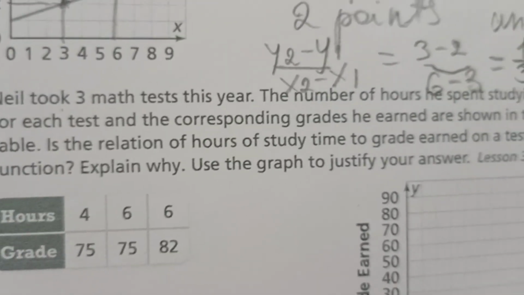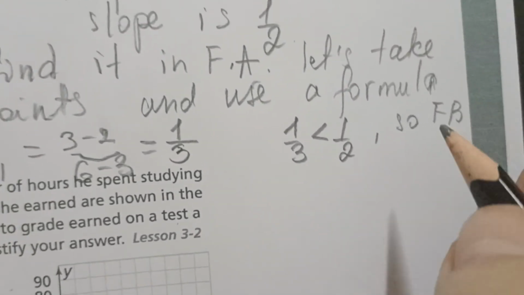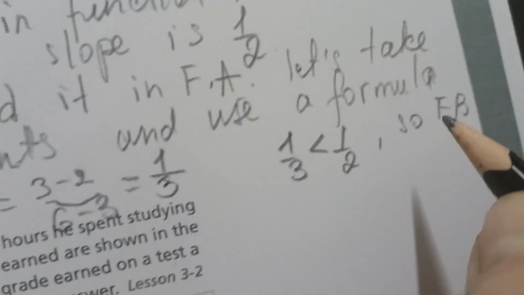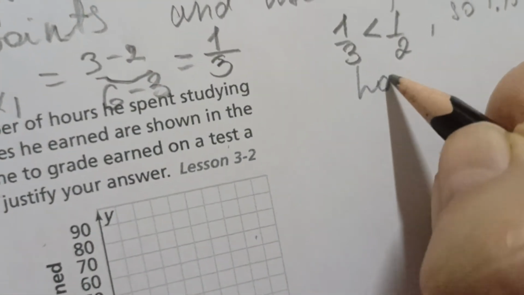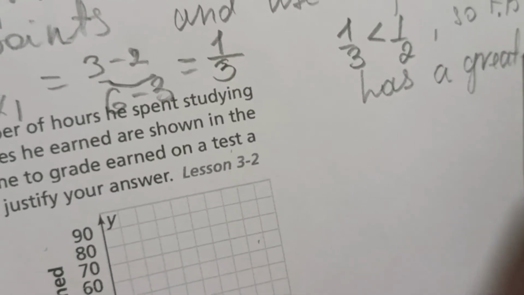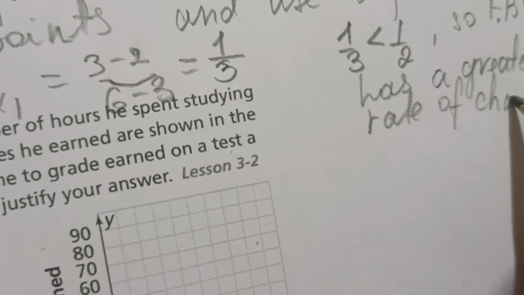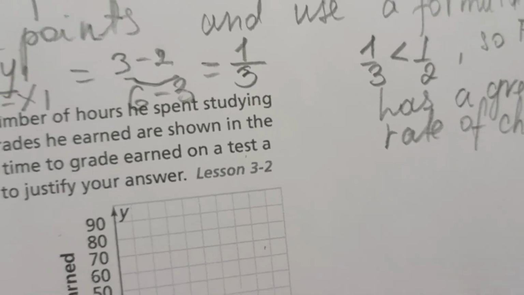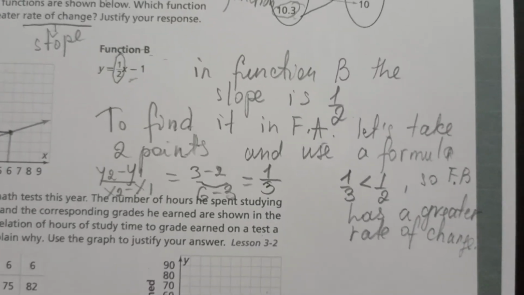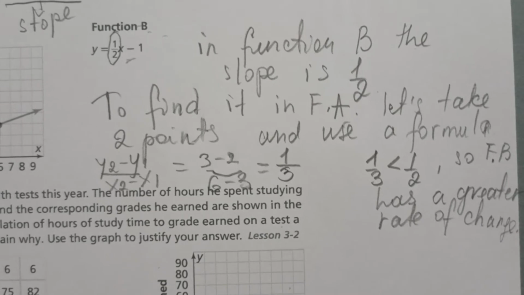So function B has a greater rate of change. Okay, now you may stop the video and complete it in your books.